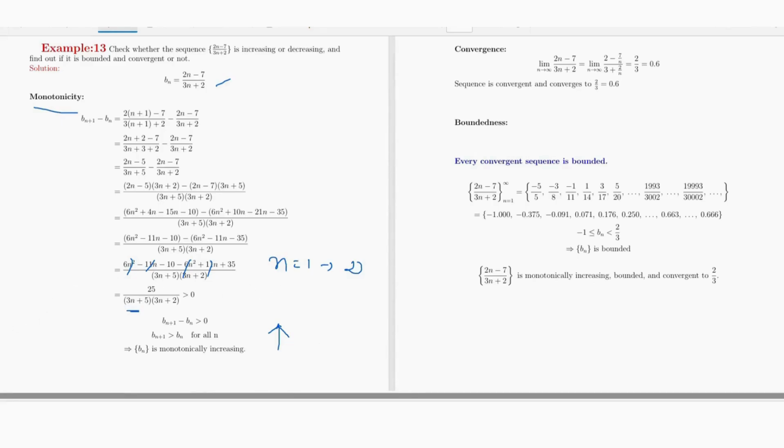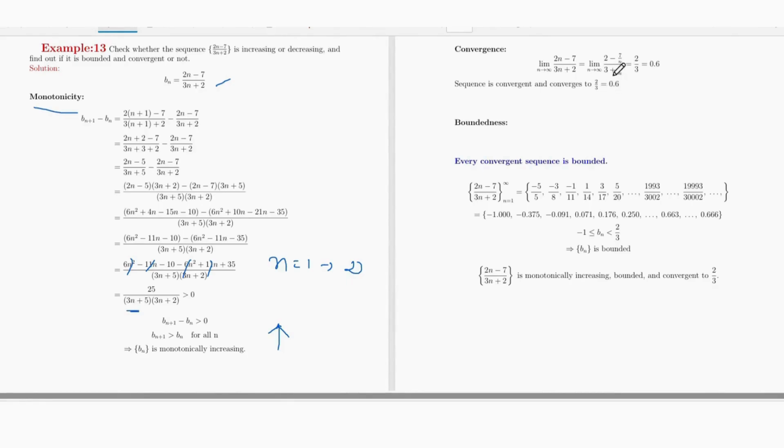Now let's discuss the convergence of the sequence. As per the definition, apply the limit n tends to infinity on the nth term. So limit n tends to infinity of (2n minus 7) upon (3n plus 2). Here n tends to infinity is given, so we try to convert it into 1 upon n. So divide numerator and denominator by n.